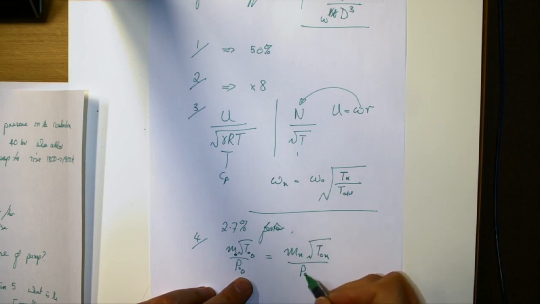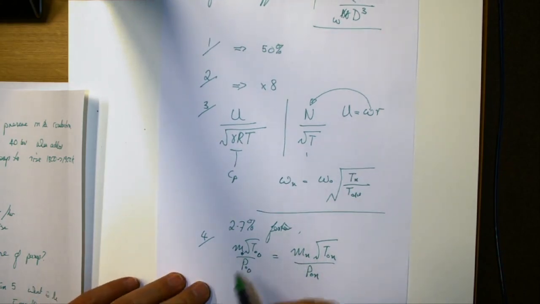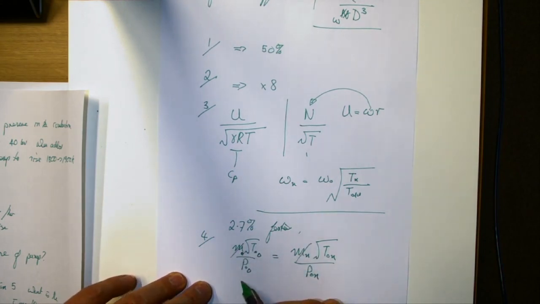So we can delete mass flow from the equation, and you end up with the new total pressure being the old total pressure times the square root of T new over T old. So it ends up with the same equation, but it's actually from a completely different non-dimensional group.